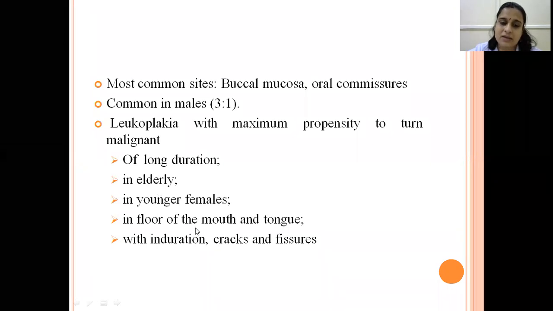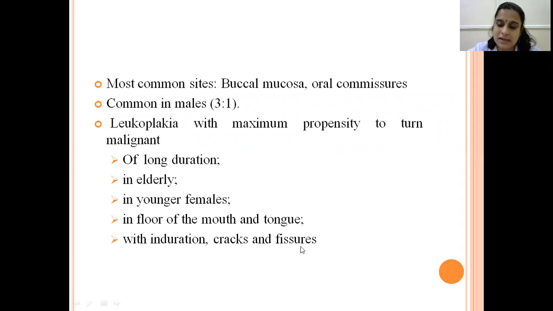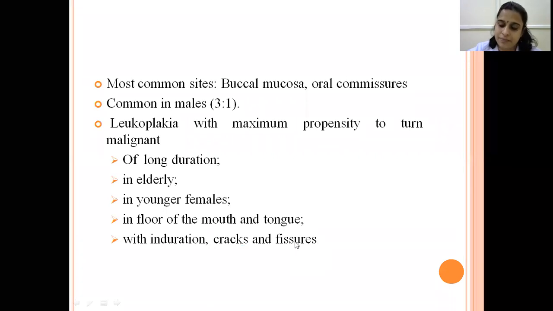If it is there in the floor of the mouth, leukoplakia, when it is present on the floor of the mouth and on the tongue, then it is more prone to turn into malignant. If the well-defined white patches when they are indurated. Induration is again an important feature for malignancy. Induration, cracks and fissures when seen, it has higher malignancy potential.